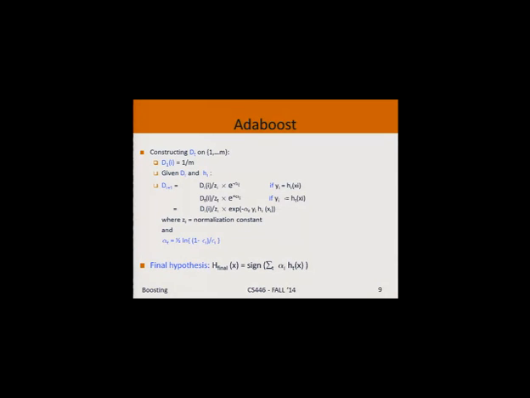Okay, so first of all, what do you know about this alpha t? Look at it a little bit. This is something that is related to the error that the hypothesis ht has on the current distribution. What do I know about epsilon t in boosting? It's less than 1/2, right?